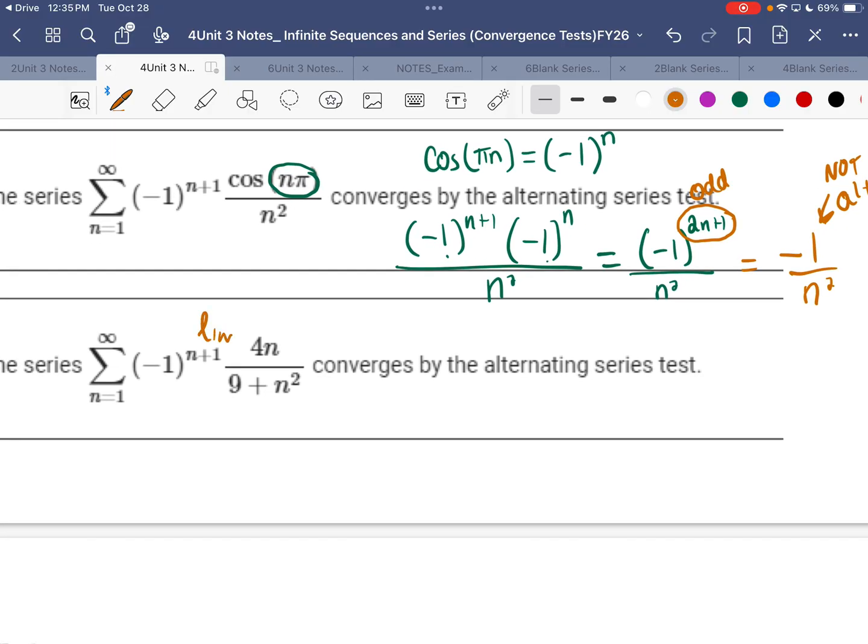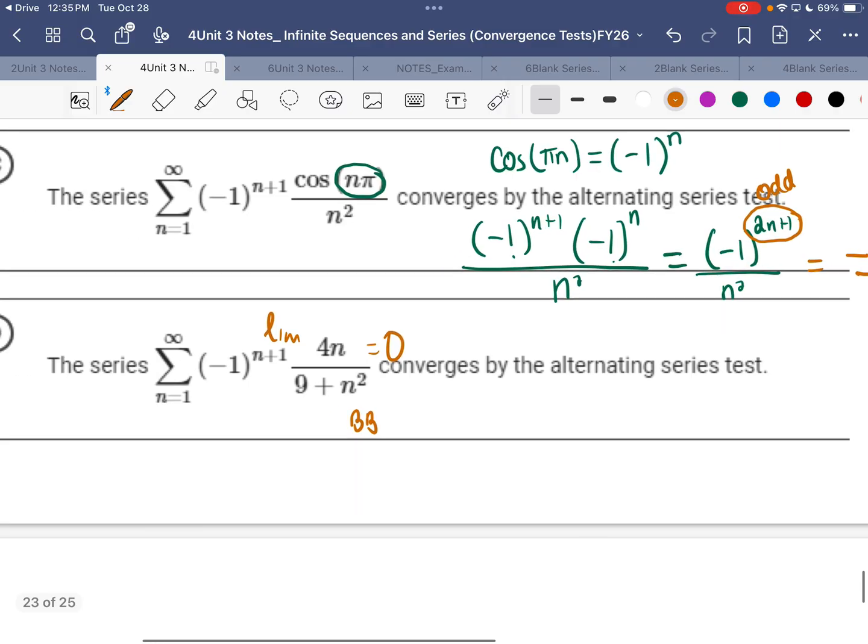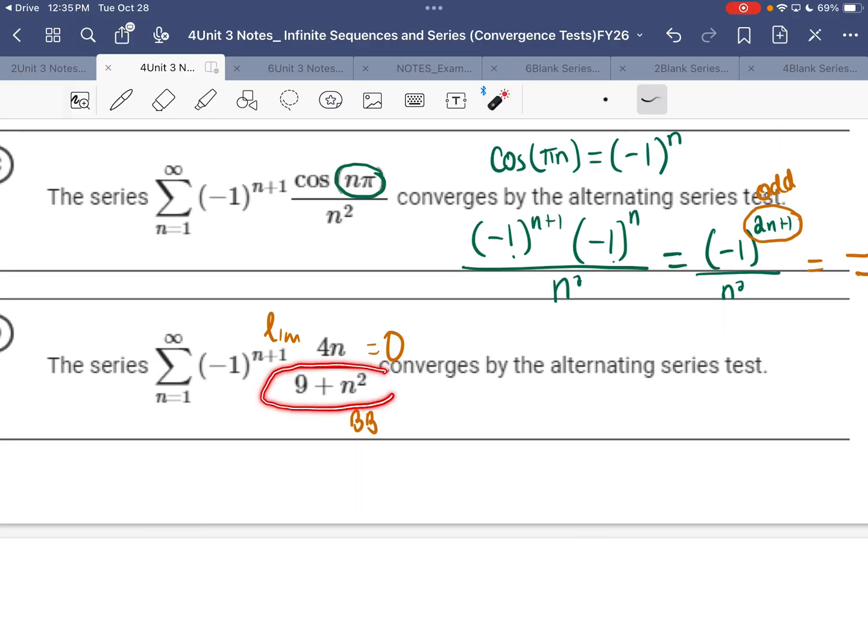All right, then checking this one, the limit, it's big bottom. So does it equal 0? Yes. And on a multiple choice test, you can just plug in 1 and then plug in 2 and then plug in 3 and see if it's getting smaller. Is it getting smaller? I think it would be, because look, the denominator is squared, it's bigger, right?